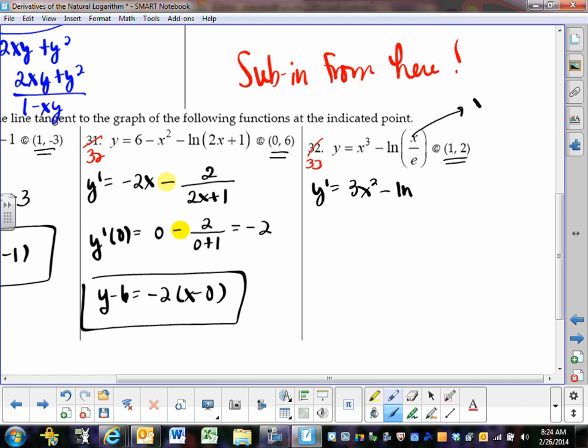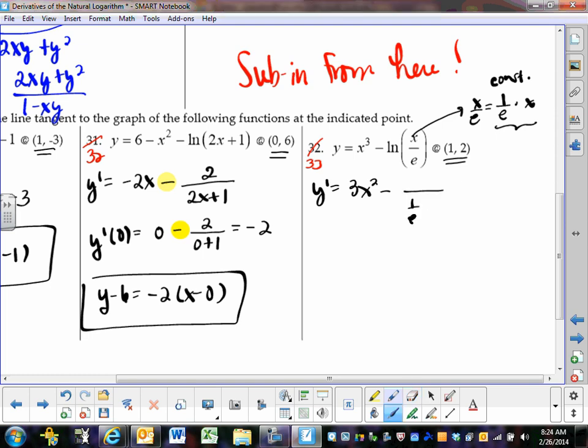Okay, the last three problems, which I realize on mine are misnumbered: 31, 32, 33. Find the equation of the line tangent to the graph of the following functions. So we already have a point for each function, so for each one we're really just looking for the slope. So y prime is negative 4x plus 1 over x.